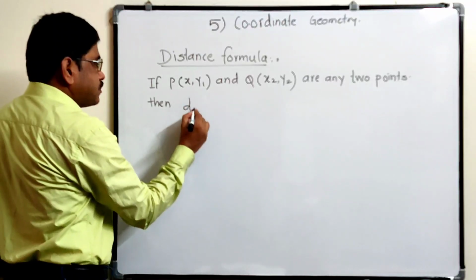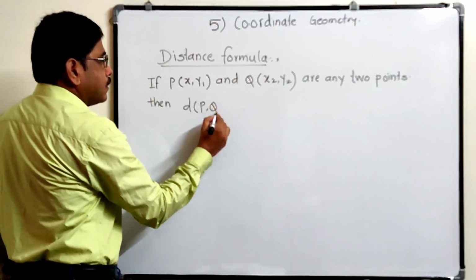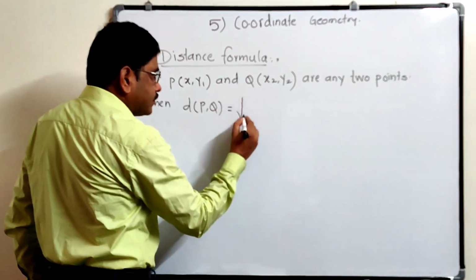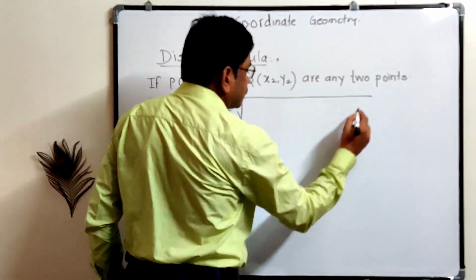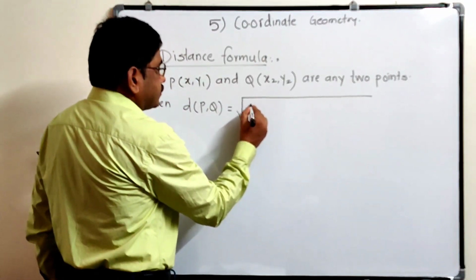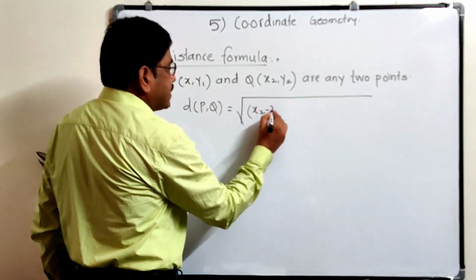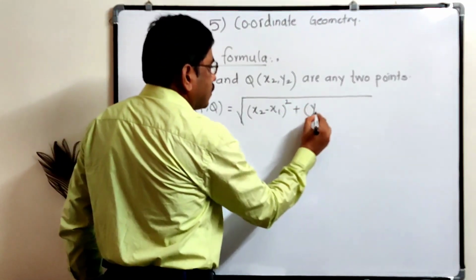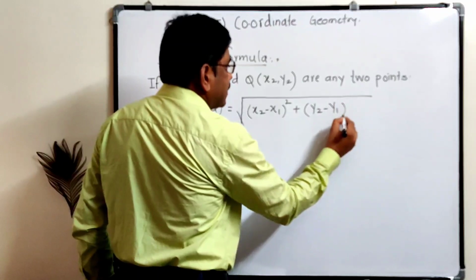So distance PQ is equal to under root (x2 minus x1) bracket square plus (y2 minus y1) bracket square.